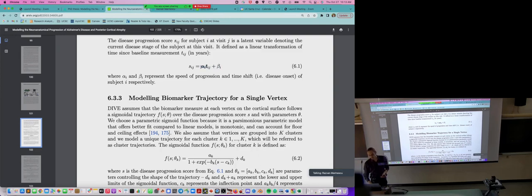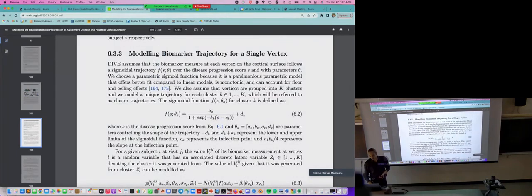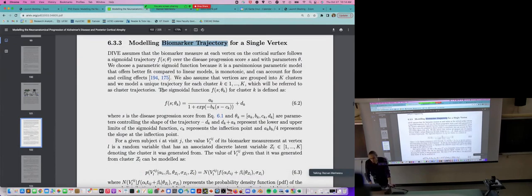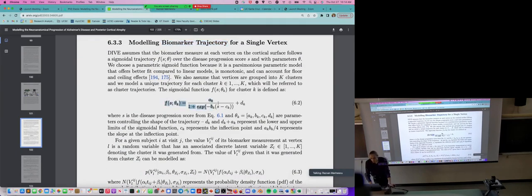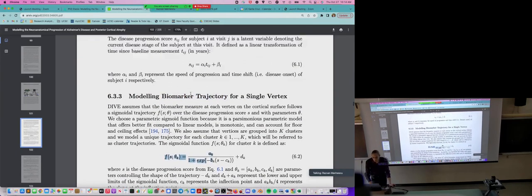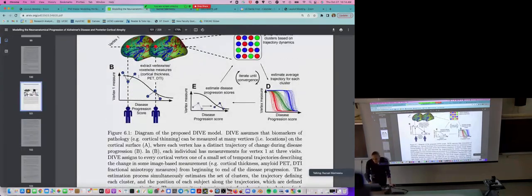Alpha is the progression speed, showing how fast the subject would progress, and beta is a time shift, showing when the disease started in the particular patient, like 5 years ago or 10 years ago. We ended up building a trajectory for each point on the brain image.